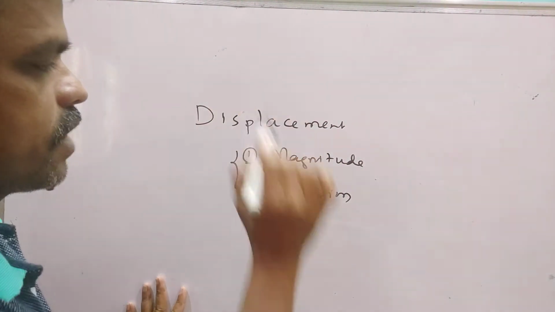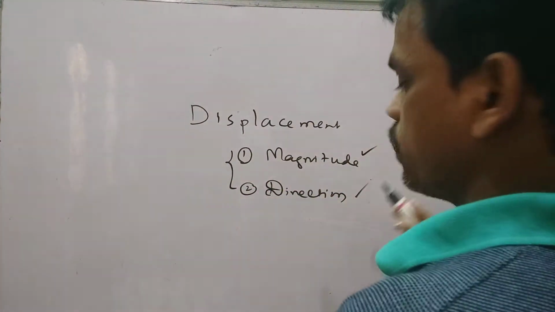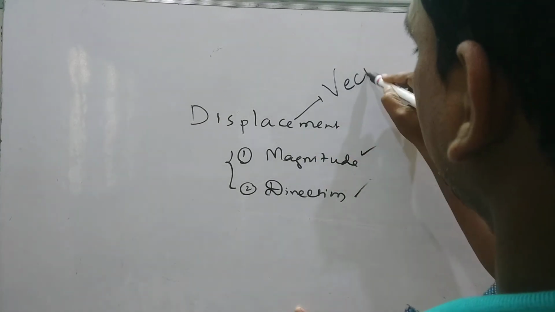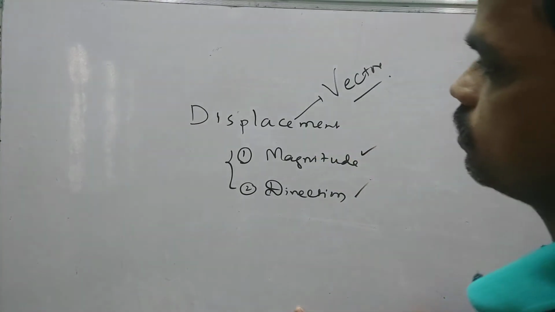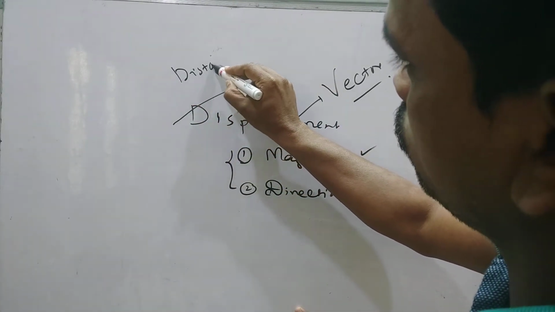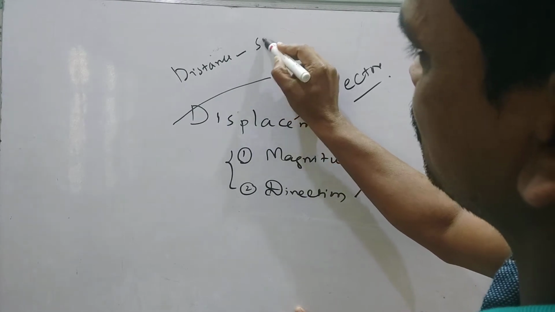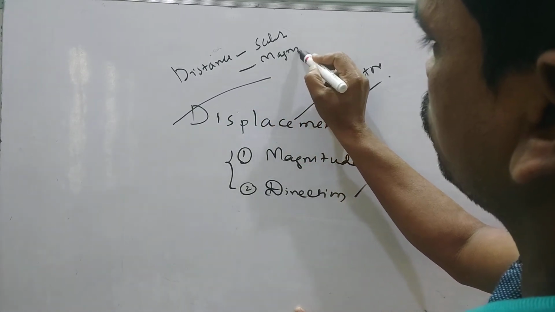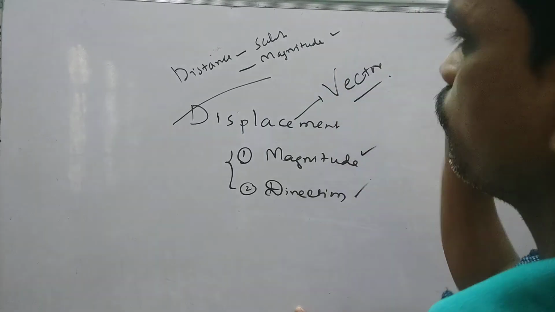So it has both magnitude and direction. That's why we can call displacement a vector quantity. Whereas distance is a scalar, it has only magnitude.